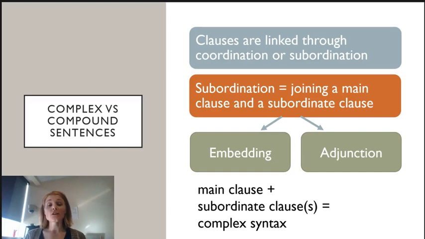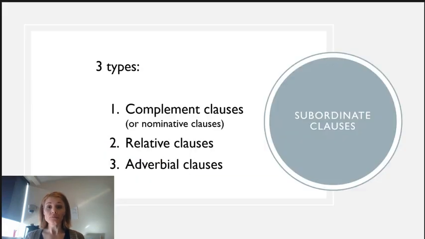Okay, so subordination is when we join a main clause and a subordinate clause. This can be done through either embedding or adjunction. So when we have a main clause and one or more subordinate clauses, this would form a complex sentence. There are three types of complex sentences.